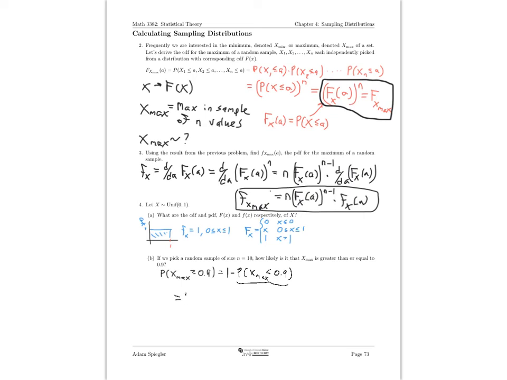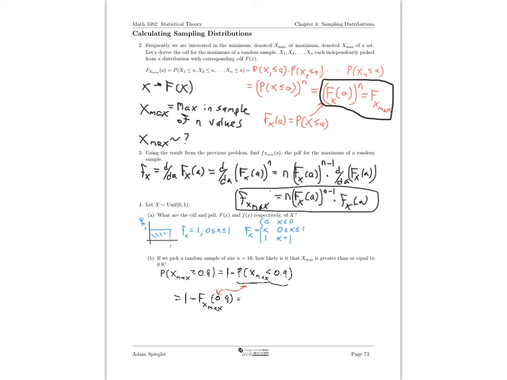So now we can say this is going to equal 1 minus the value of the cumulative distribution of x max at 0.9. Since, by definition, that's what it means when we calculate the value of a cumulative distribution function at a specific value. It's saying, how likely is it that x is less than that value?